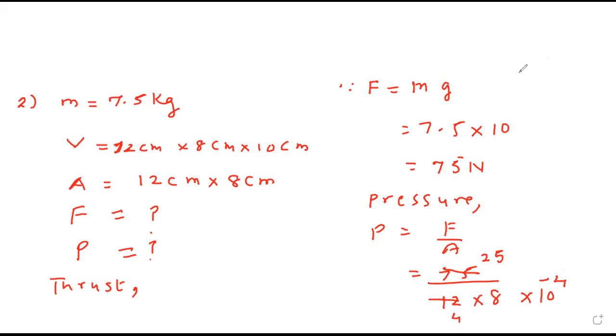So this will be equal to 25 upon 4 into 8 into 10 raised to 4. I am writing 100 into 100. 4 into 25 is 100.